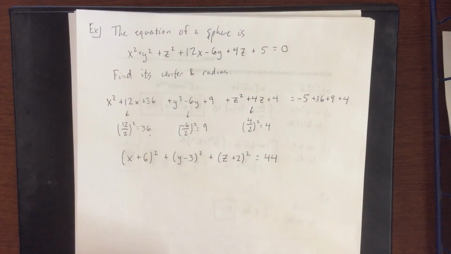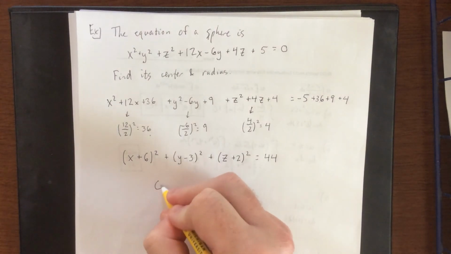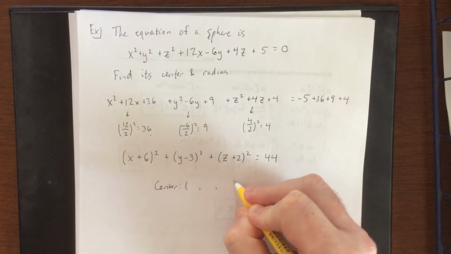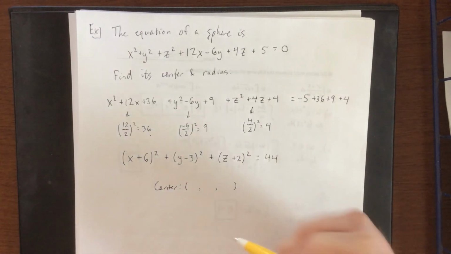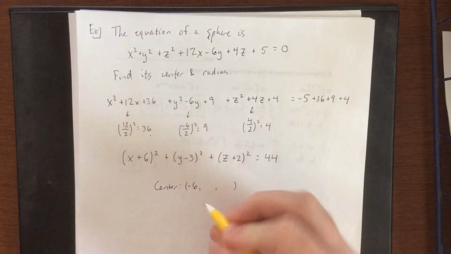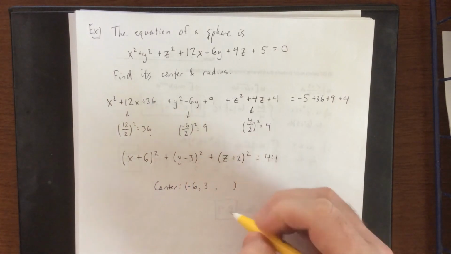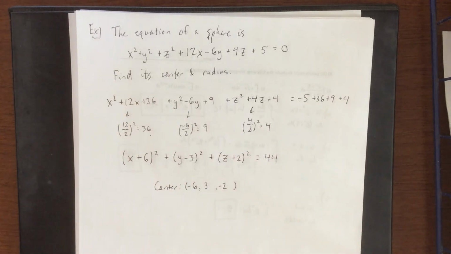Now just by looking at this, we should be able to tell what the center and the radius are. Center will be the number that's being subtracted from each variable, so if you see an x plus 6, center is actually negative 6. Y minus 3, that'll be positive 3. And z plus 2, that'll be negative 2.